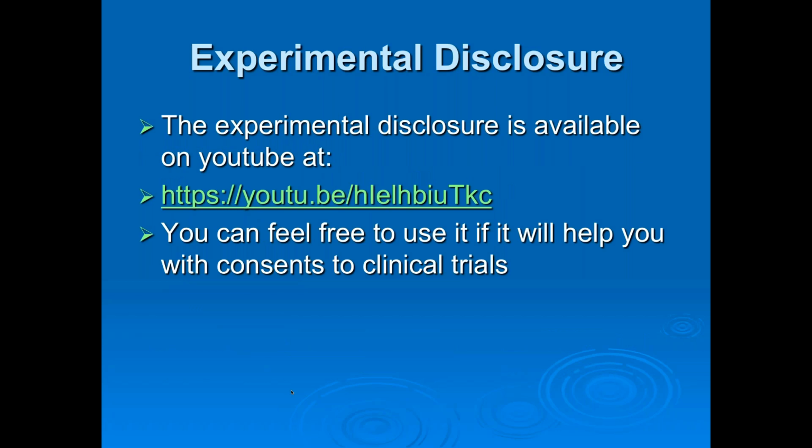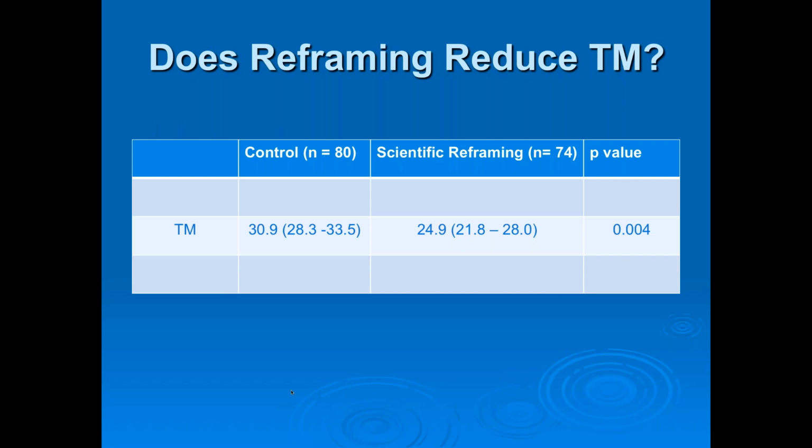So we used an experimental disclosure that's available on YouTube. If you want to look at it, the URL is there. If you want to use this in your own clinical trials for consents, feel free. I'd love to know what results you get, but anyway, that's another issue.